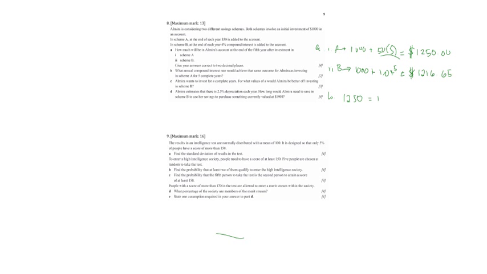So it's 1,000 times, by the way, this is multiplication, 1 plus, we do not know the R. Since it's compounded annually, R over N, all raised to 5.